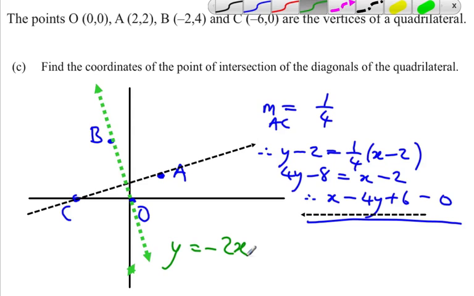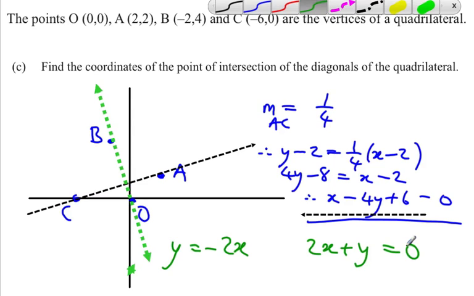Another way of writing that is 2x plus y equals 0. Any line passing through the origin is y equals gradient x. In our formula, the x1 and y1 would just be zeros, and so it would just be that.